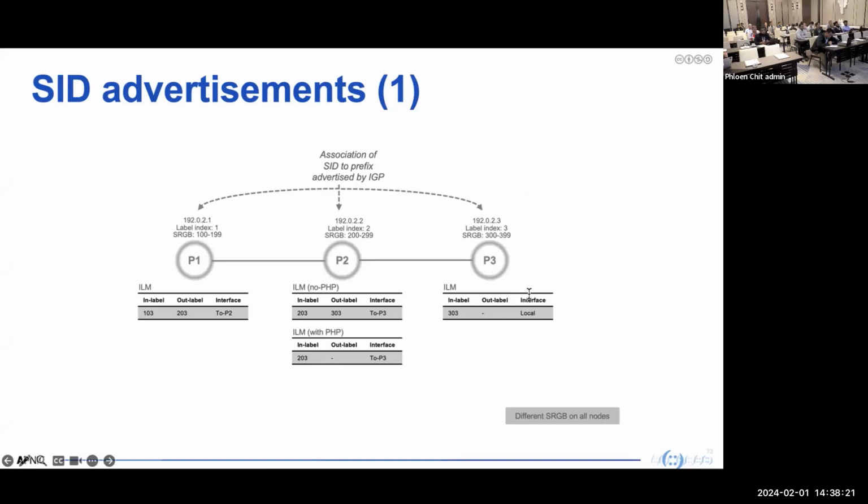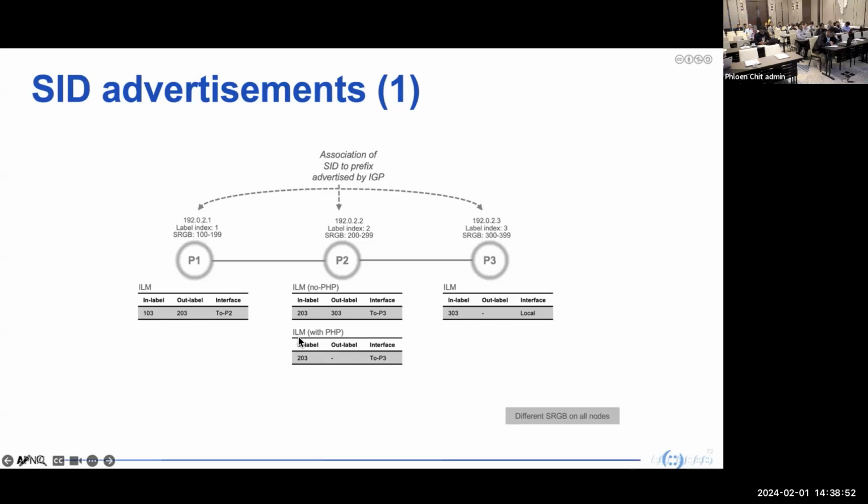The slide is showing the LFIB entry for the node seed of P3 on all the nodes. Since all the nodes in this example use unique index values, every node will calculate its own label for each individual node seed based on its SRGB range configuration. We can see that P1 figures out that it should use 103, P2 uses 203, and P3 uses 303.